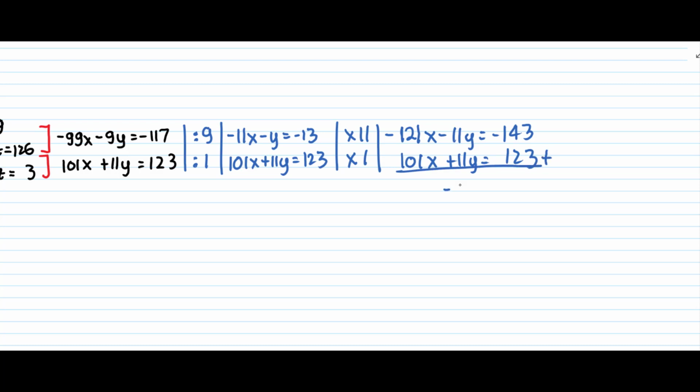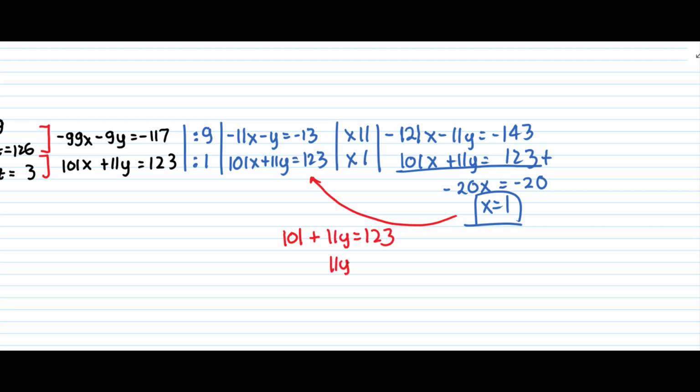Jadi minus 20x sama dengan minus 20, berarti x-nya sama dengan 1 guys. Kalau x-nya sama dengan 1, kita masukin ke yang kecil. Jadinya 101 kali 1 tetap, 11y sama dengan 123 kurangin jadi 22, y-nya sama dengan 2. Oke, dapat y.